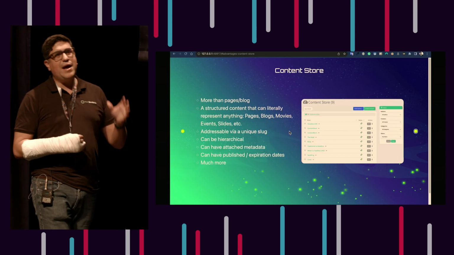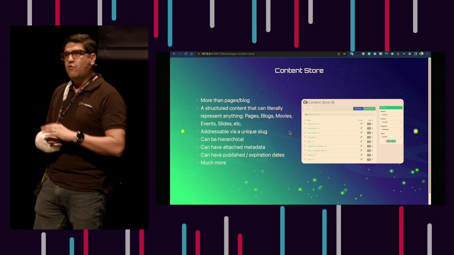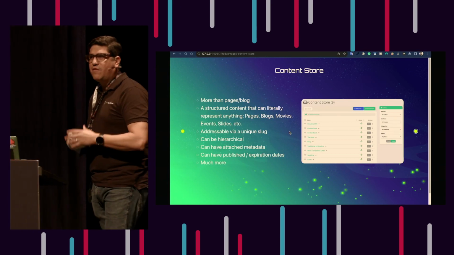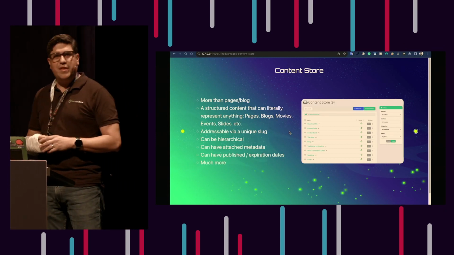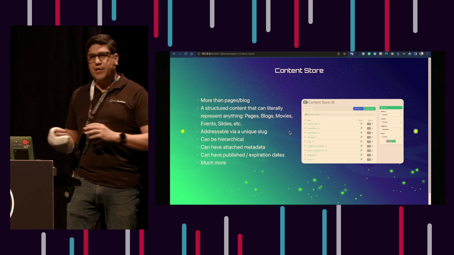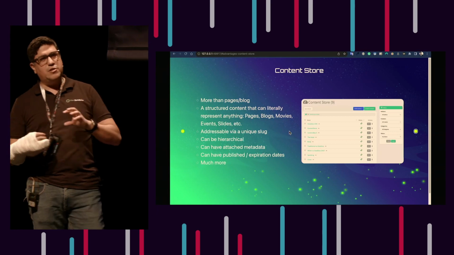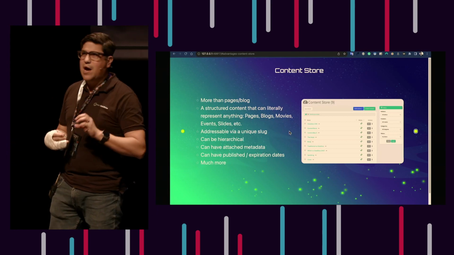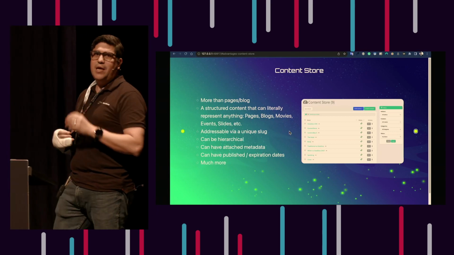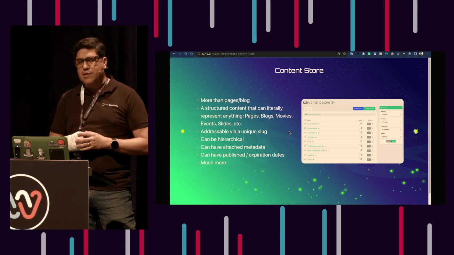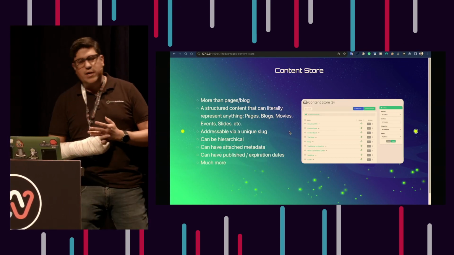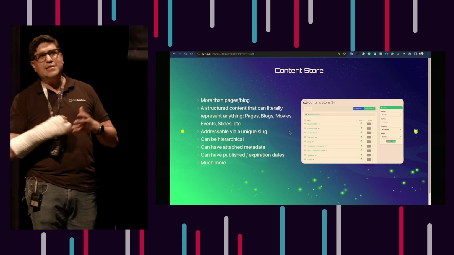We also found that having a hierarchy is important. Okay? Not only a flat content store where you just have a flat location where you can store things, but you can build them as a hierarchy, as a tree or a collection of nodes that you can even move around and decouple or change and actually address. So that's really important for a content store. Another one is to attach metadata or custom fields.